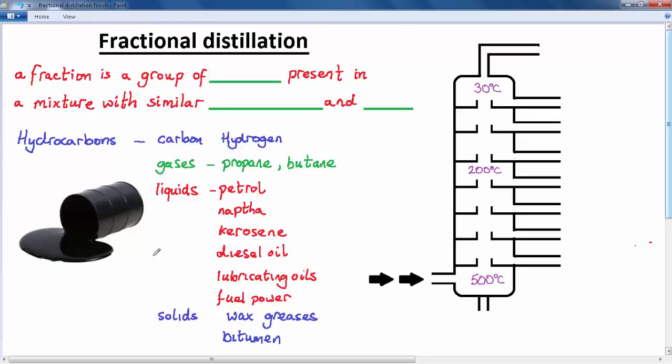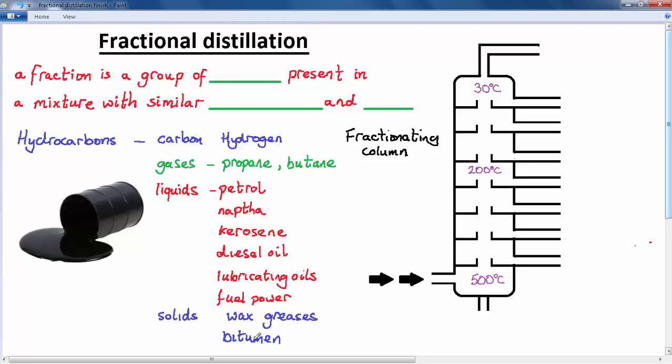So how do we separate these substances? Well, we're going to use the process, as I said earlier, called fractional distillation. This involves an apparatus called a fractionating column. And how does this work? Well, when you start heating any mixture of substances, what will happen is this, that the substance with the lowest boiling point will start to evaporate first, or you can say the more volatile substances will start to evaporate first.